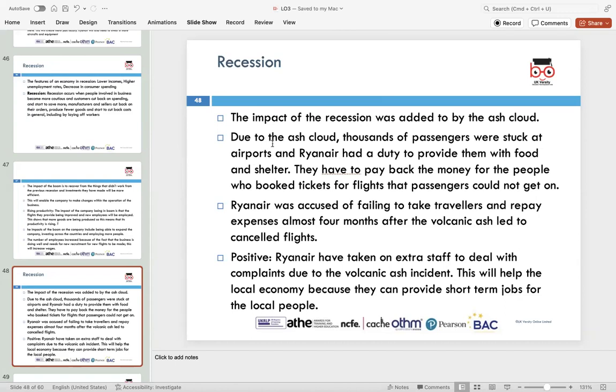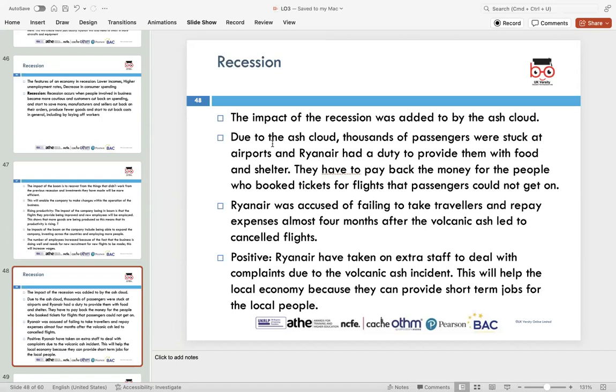The ash cloud caused thousands of passengers to become stranded at airports, and Ryanair was obligated to supply them with food and shelter in order to fulfill their responsibility, and to compensate those individuals who purchased tickets for flights that passengers were unable to board. They are required to reimburse the money.